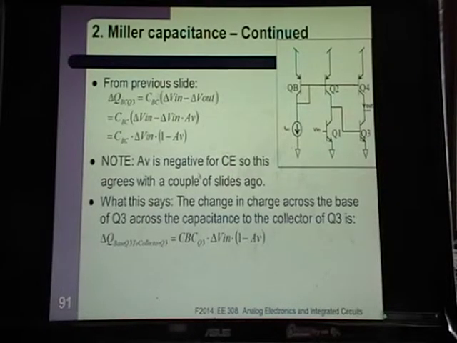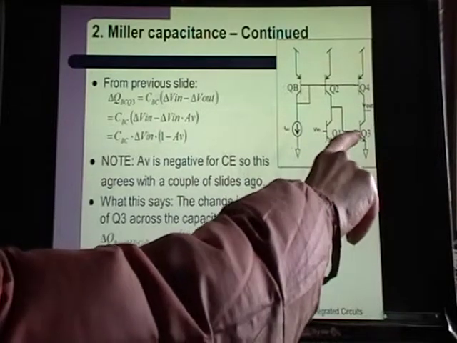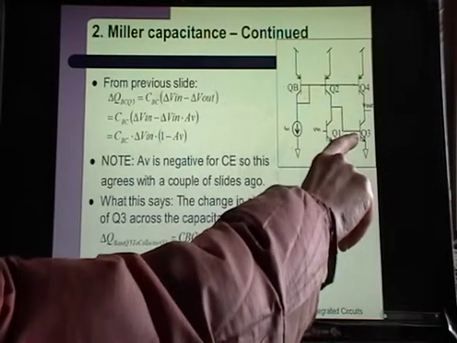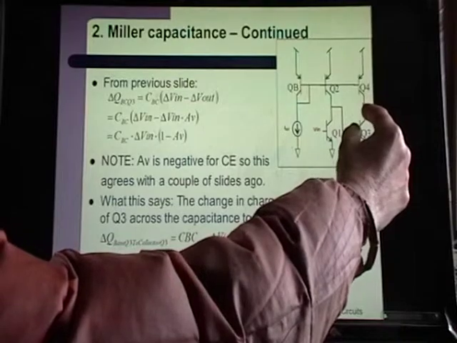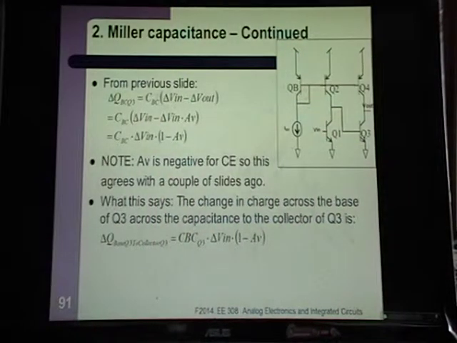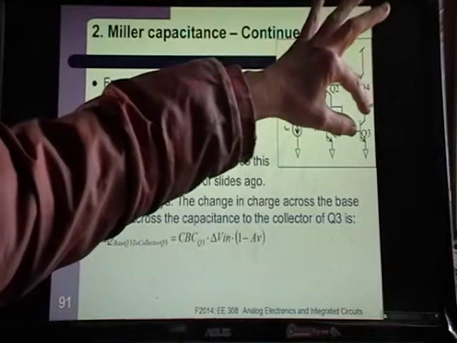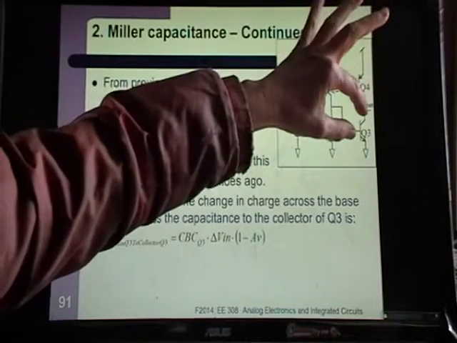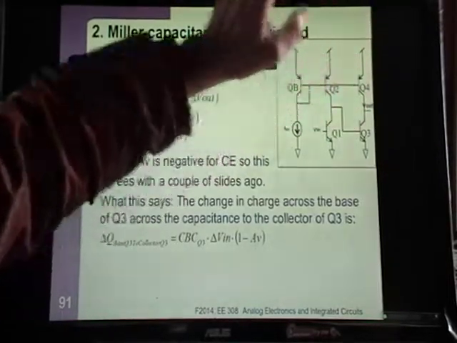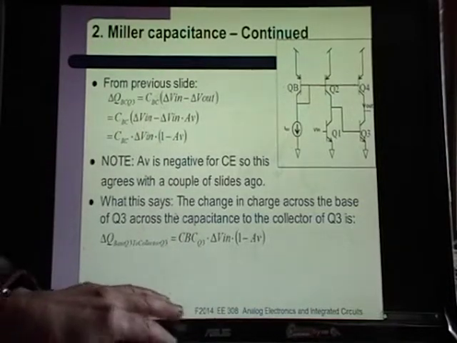Again, what we said is if there's a change in voltage here of delta Vn, you actually get a change of voltage across this capacitance of Vn times 1 minus AV. So you can get rid of this capacitor by saying, I know if I move it this much, there's going to be a particular amount of voltage change across there.